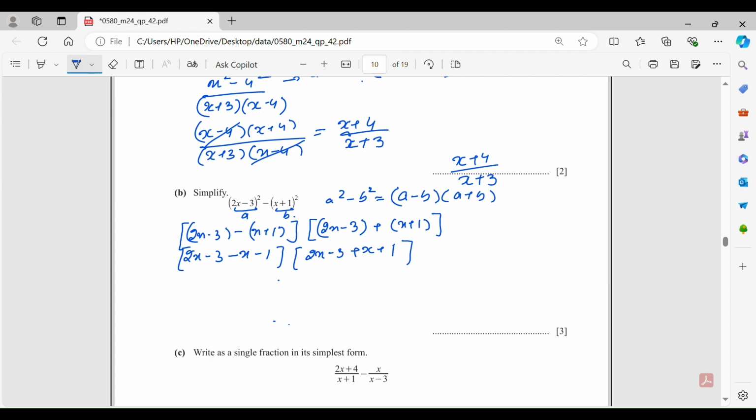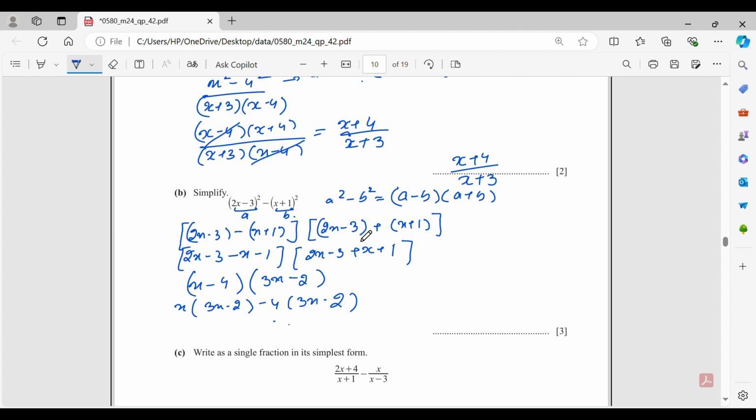This will be x minus 4 and this is 3x minus 2, right? Now it is easy: x times 3x minus 2, minus 4 times 3x minus 2.